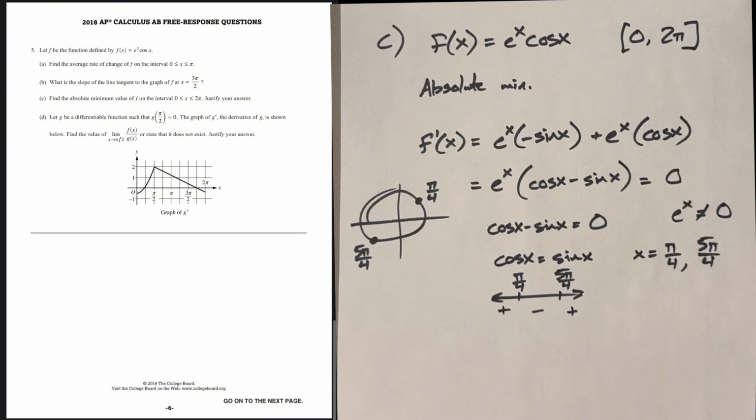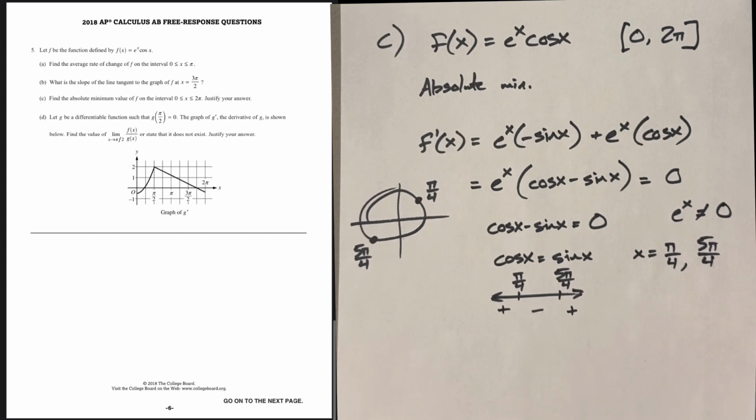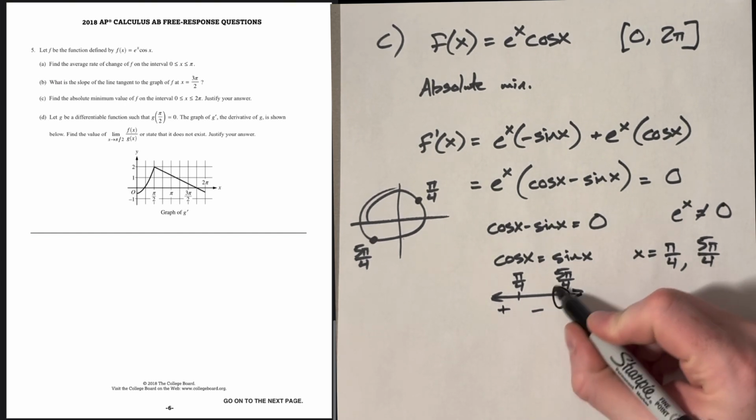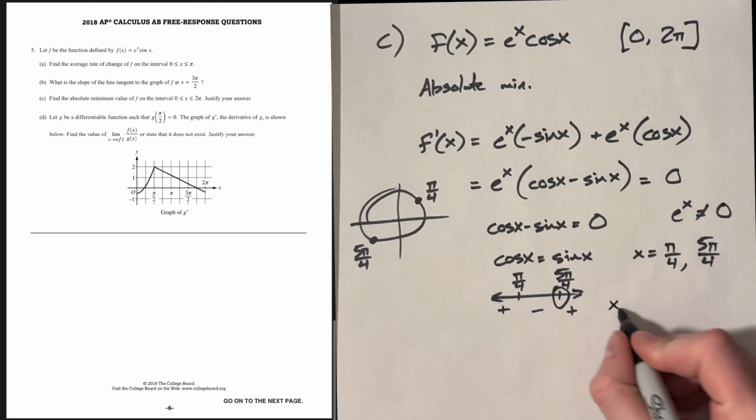So our relative minimum, which is what we're looking for, right? We're looking for minimums. It will occur at 5 pi over 4, because that is where the function goes from decreasing to increasing. So 5 pi over 4 is our value. So I'll write that down.